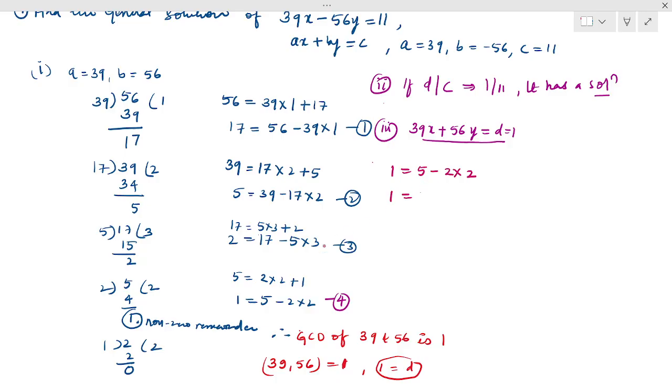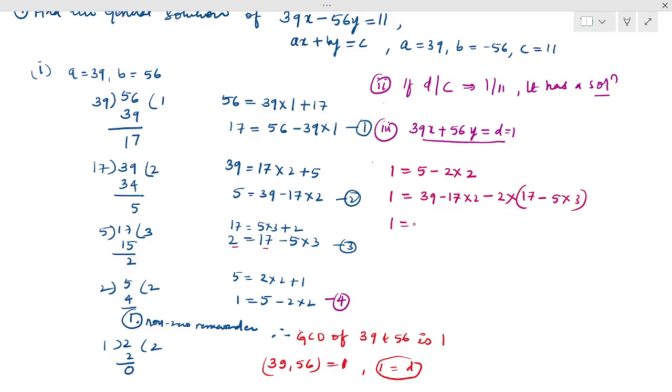What is 5? 5 means you can substitute from equation number 2, which is 39 minus 17 into 2, minus 2 into, substitute the remainder 2. What is the remainder? Which is 17 minus 5 into 3. You can substitute any one, either this or this. So only one value by 2.